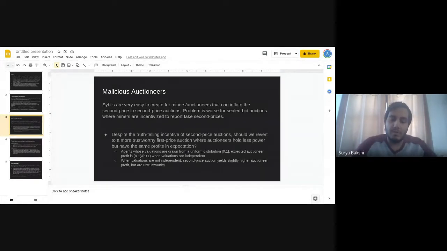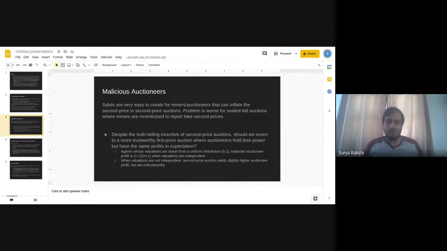So from the point of view of bots taking part in these auctions, there's a concern that miners can arbitrarily influence the auction, and so they end up paying more.